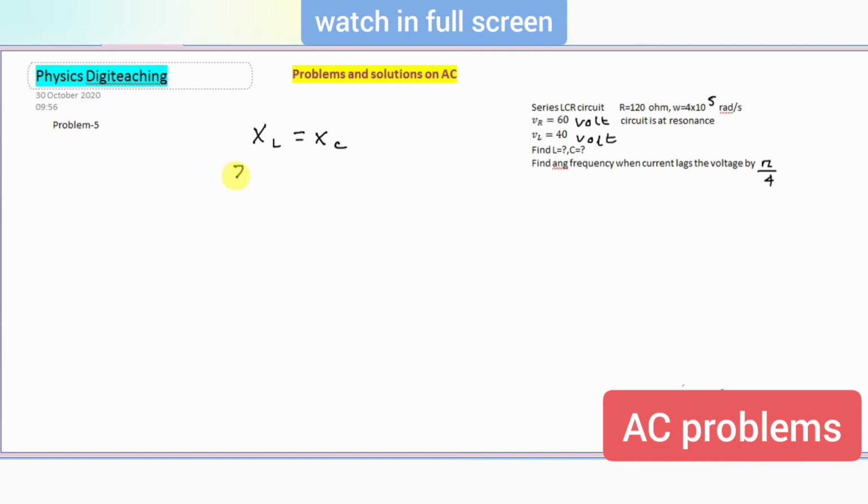Therefore the total impedance Z equal to R equal to 120 ohm, and the total voltage appears across the resistance R. Therefore VRMS, the voltage of the circuit, equal to VR equal to 60 volt.